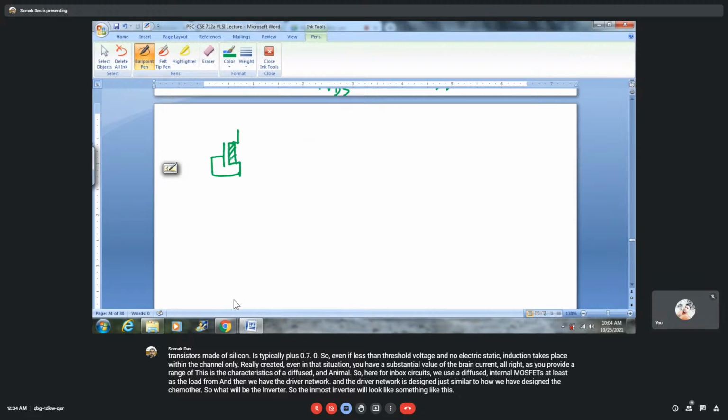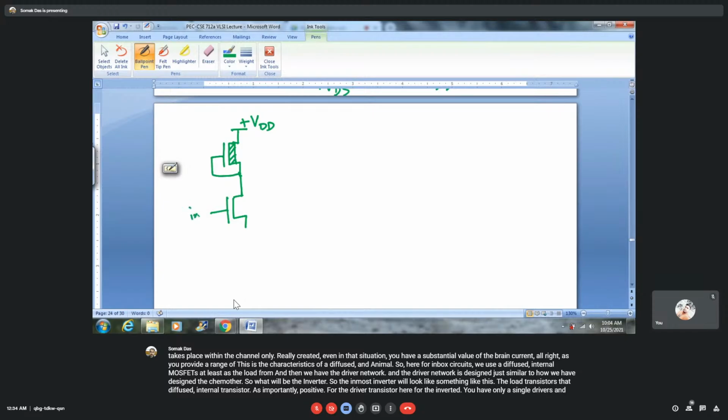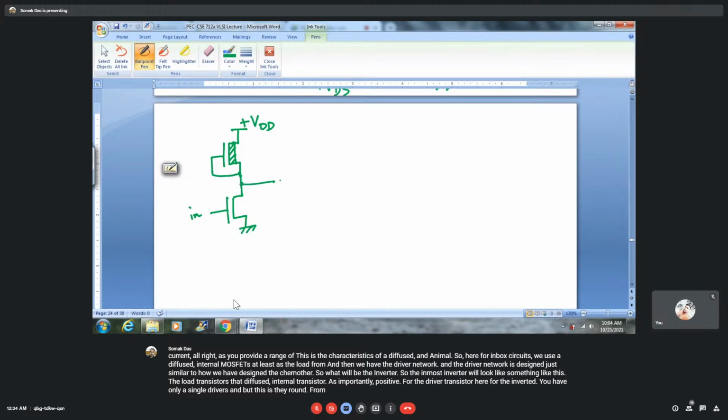The load transistor is a diffused N-channel load transistor. Biasing potential is positive. As for the driver transistor, for the inverter you have only a single driver transistor. So this is the input. There is ground, and from an intermediate point you take the output, D out. So this is nothing but the NMOS inverter.